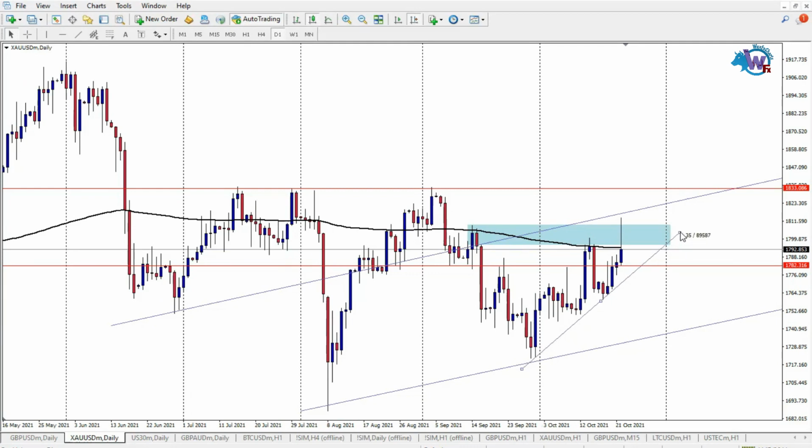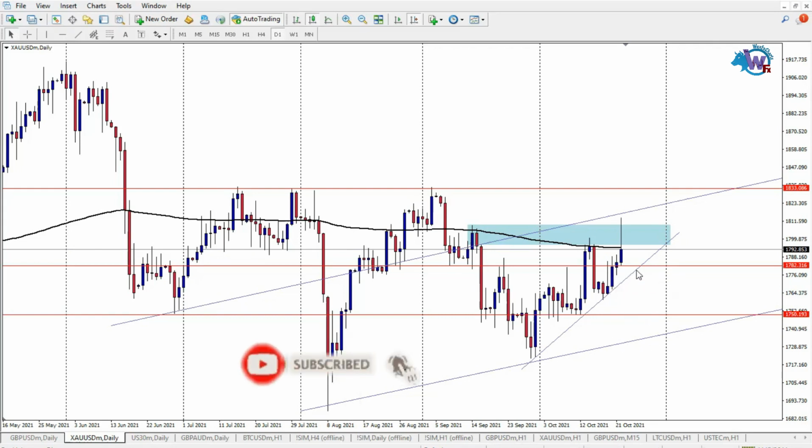and our exit potentially would be 1750 price level. That is to the south side if Friday's low is taken out. But overall, I'll be focusing on the buys.